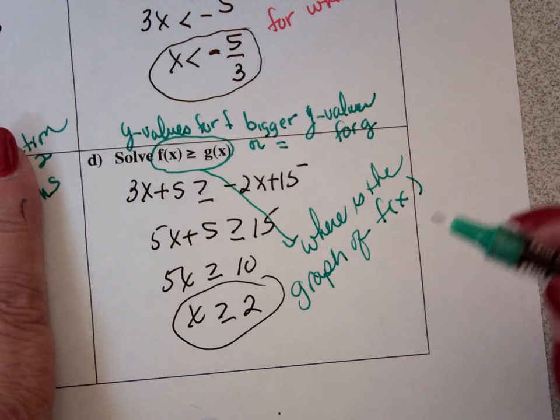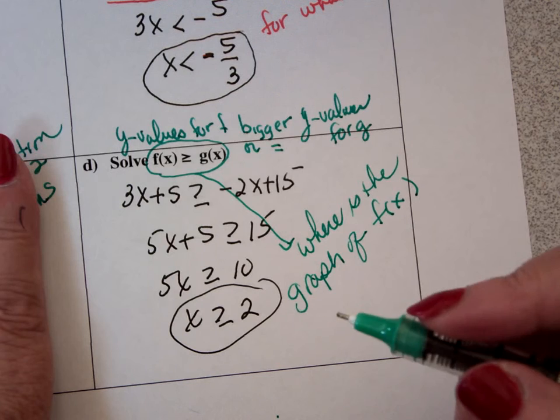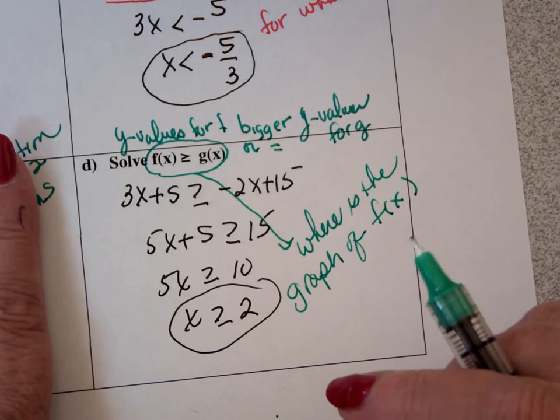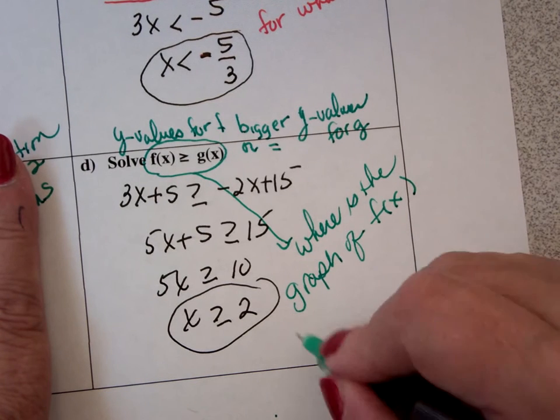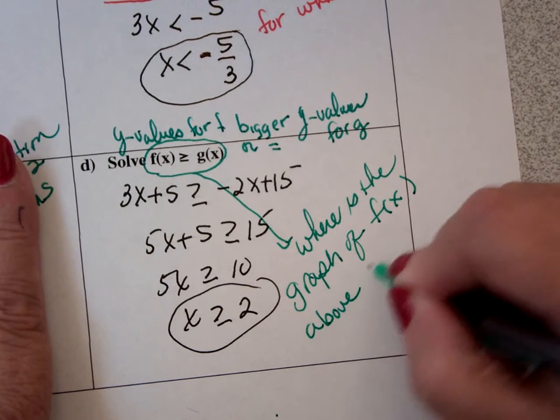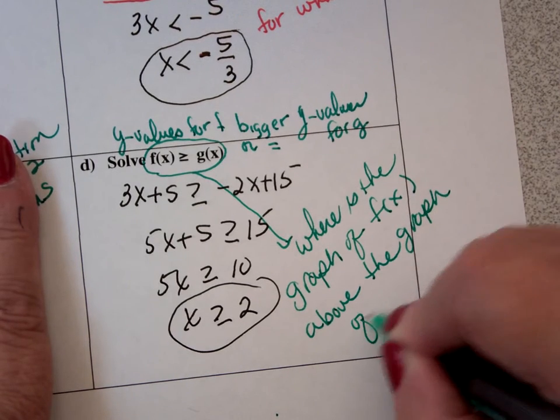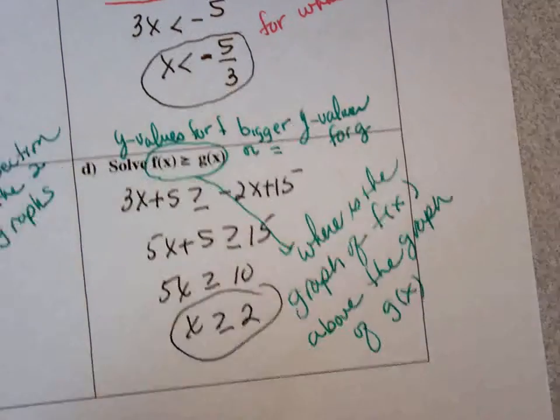Now, if it's bigger, the y values are bigger, and the graph of f of x, is it above or below the graph of g? Above the graph of g of x. Now, that gives me a frame of reference.